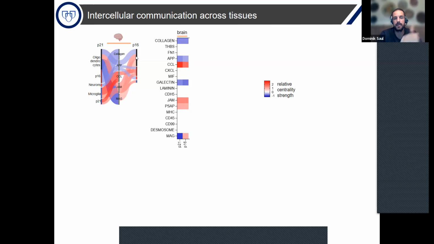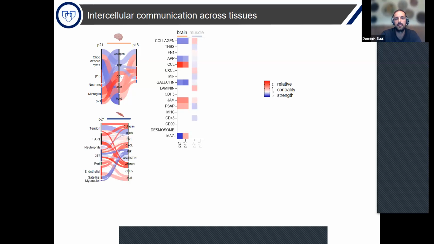So this is how this heat map is built. The point I want to make over here is that there are specific differences between P21 and P16 positive cells. In this case, it's primarily the MAC pathway, which underpins the statement that these cells are indeed distinct from each other.